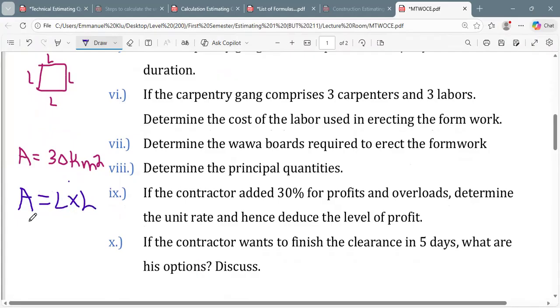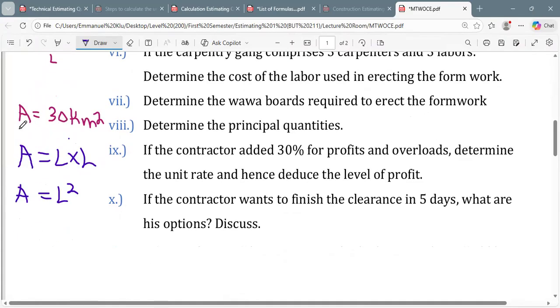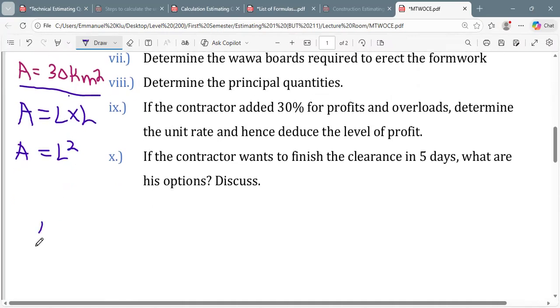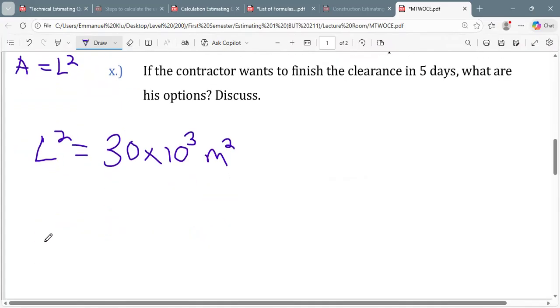So finally, you realize that our A is equal to L squared. So in place of this, you can rewrite it as L squared is equal to 30 times 10 exponent 3 meters squared.